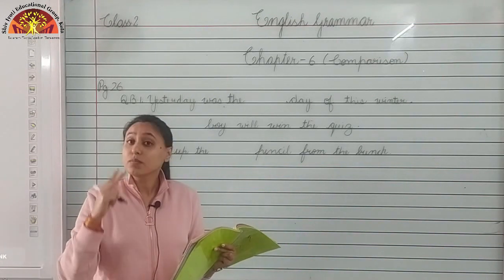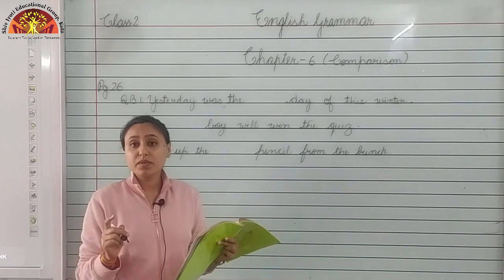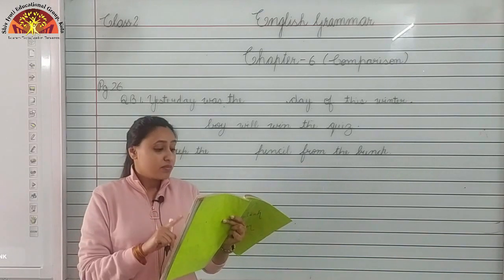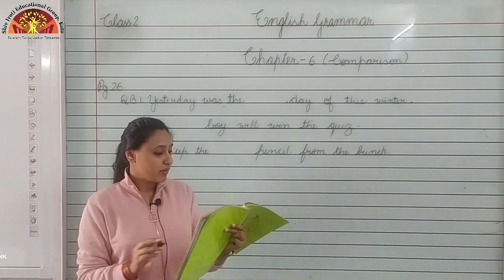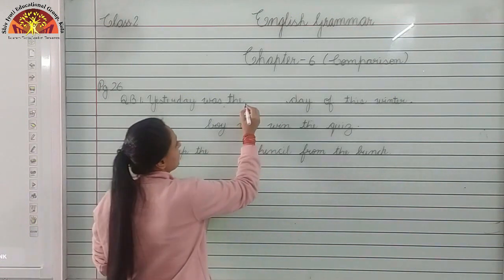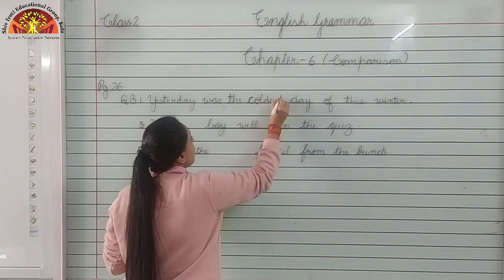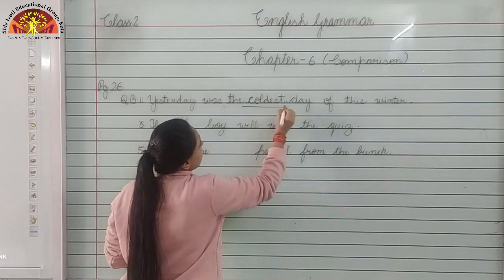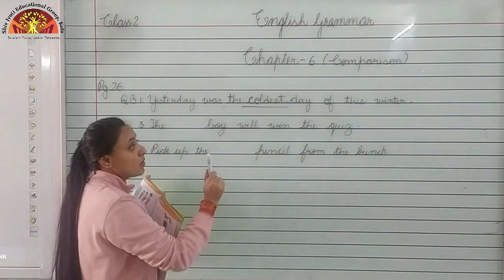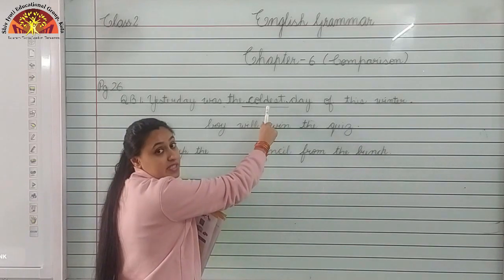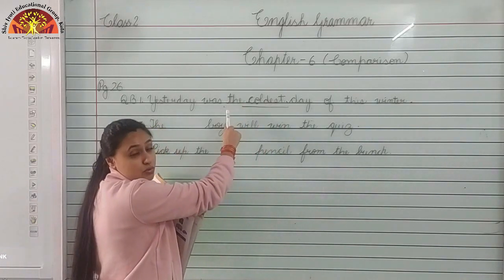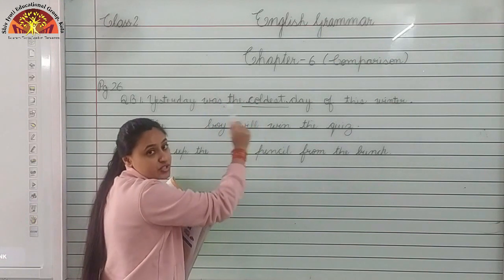So we are comparing more than two things. So what will we use? We will use the est form. So the correct adjective here is coldest. Look here, it ends with est and we used the article the before the adjective.